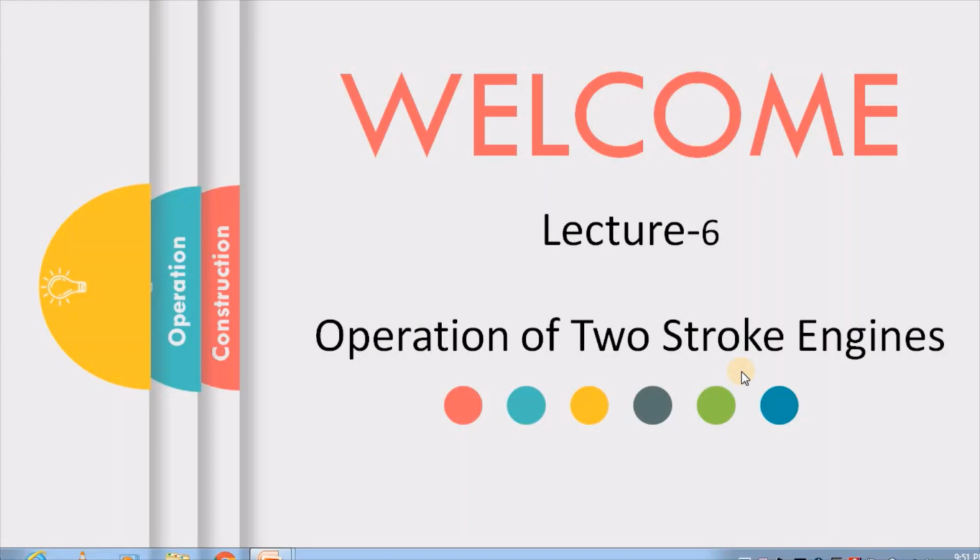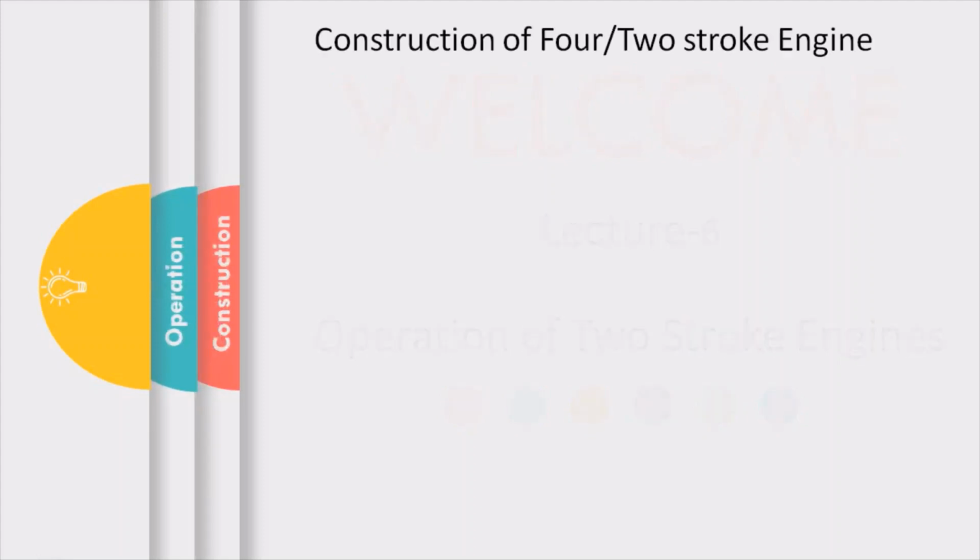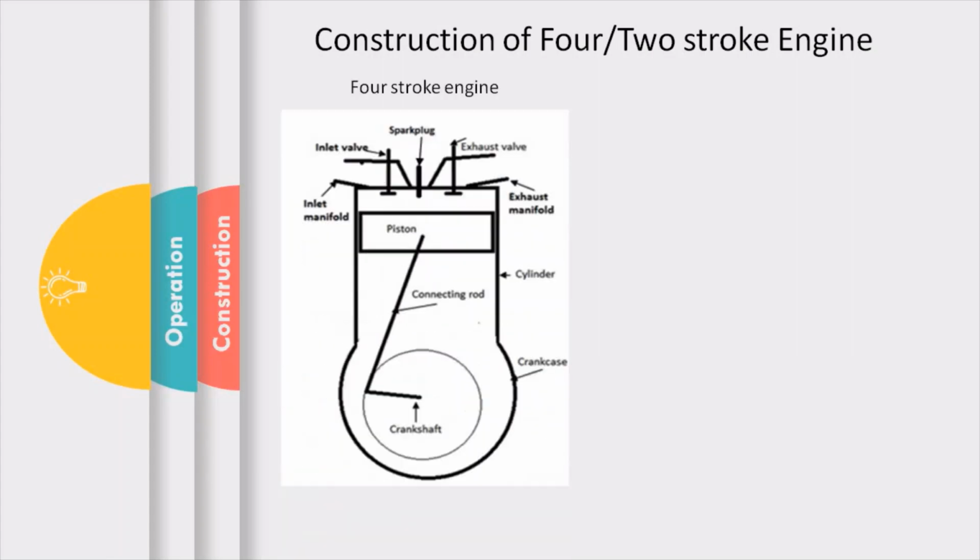So first let us start with understanding the construction, and for that we will compare the construction of a two-stroke engine with a four-stroke engine. A four-stroke engine is something like this. Here we have a piston cylinder arrangement connected through a connecting rod and a crankshaft.